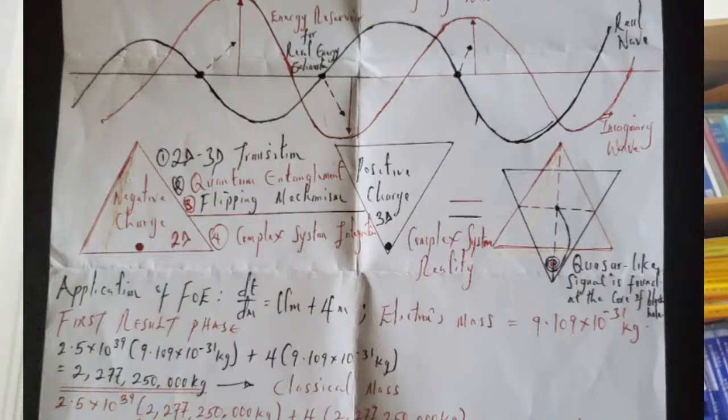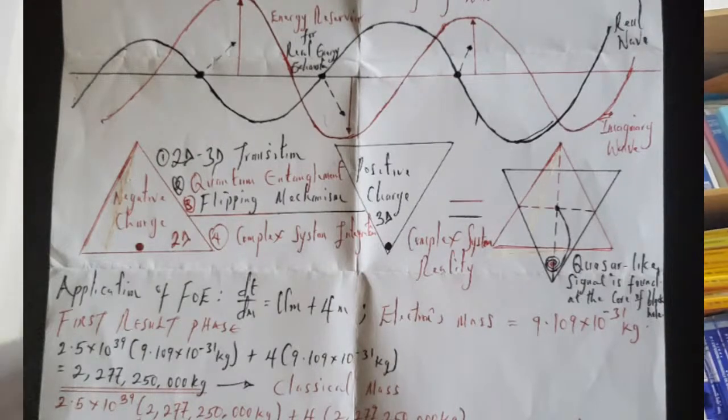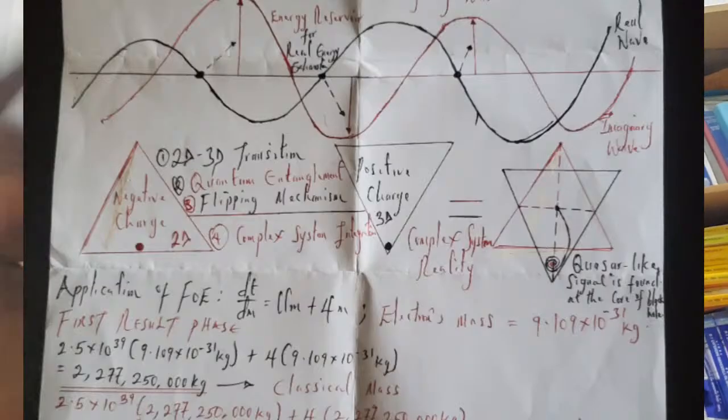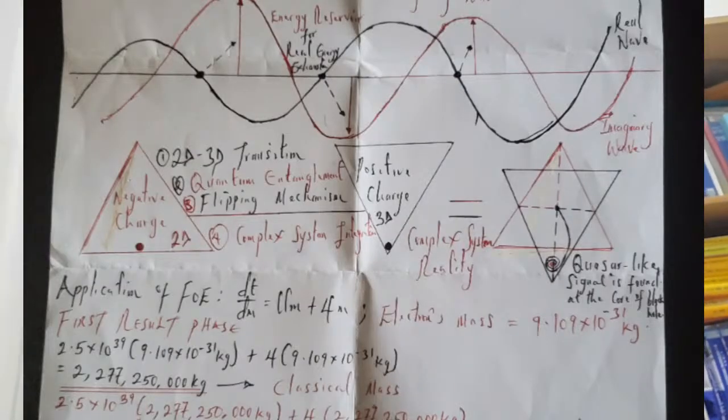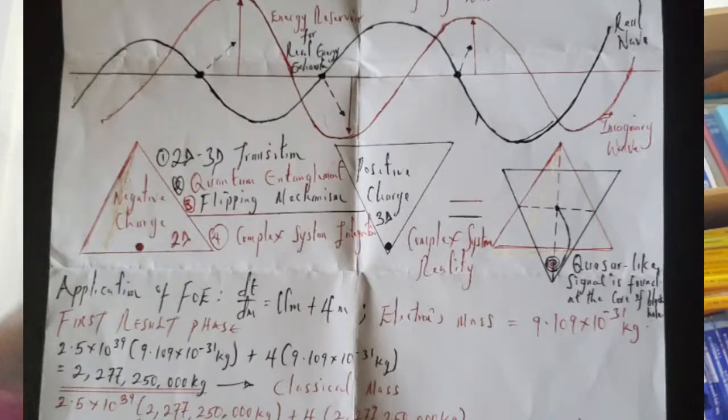So now we have the flipping mechanism right at the substrate dimension, because the moment we have that trajectory out of the time energy wave of the substrate dimension, which is 2D, then it gets connected to the 3D.